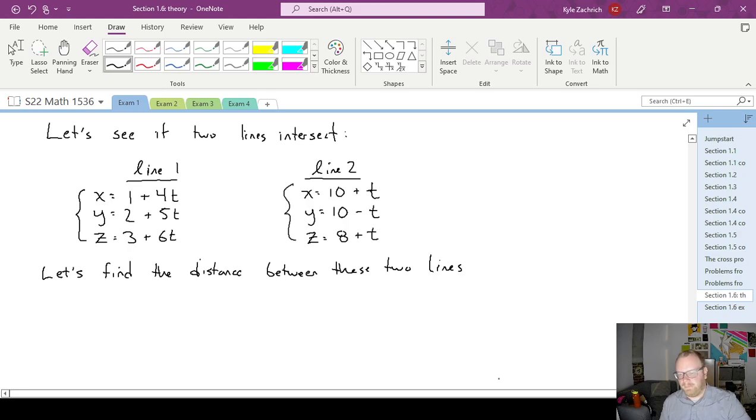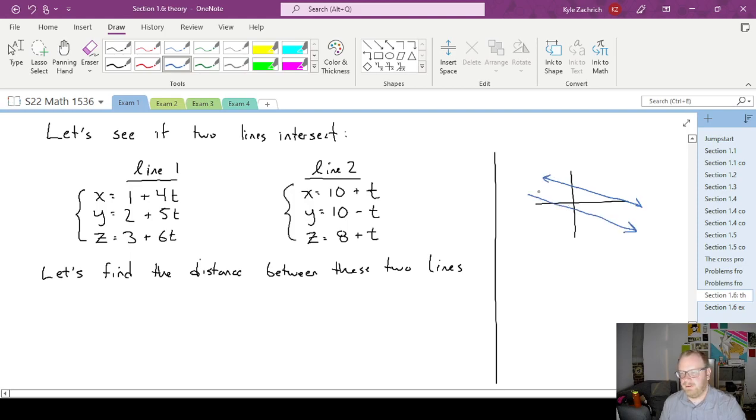So just to give a little bit of motivation for this, if you see in 2D space, right, we've got this line here and this line here. Let's say they're parallel. They never intersect. If they're not parallel, at some point they're going to intersect.